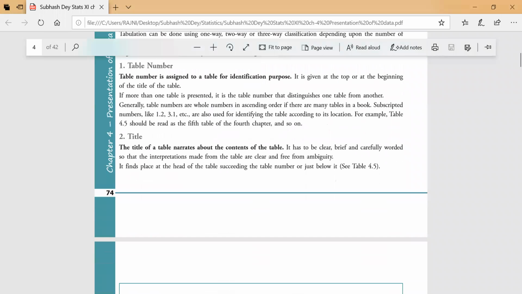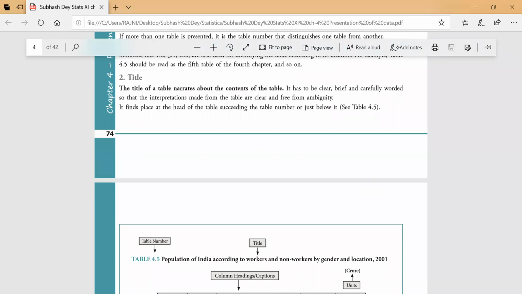the second one is the title. The title means, in a very summarized form, you are giving a name to a table. Title refers to the content of a table. You must pay attention that it should be very brief and very clear, so that people can understand which kind of data is mainly represented by the table.